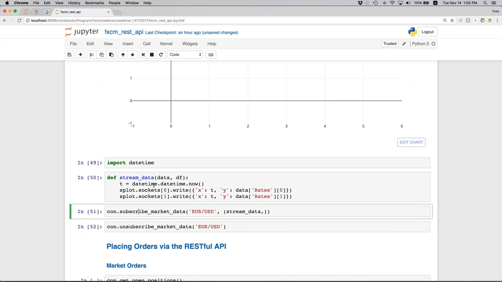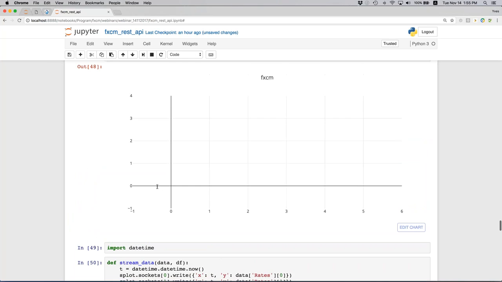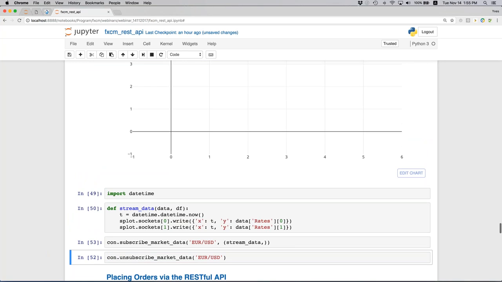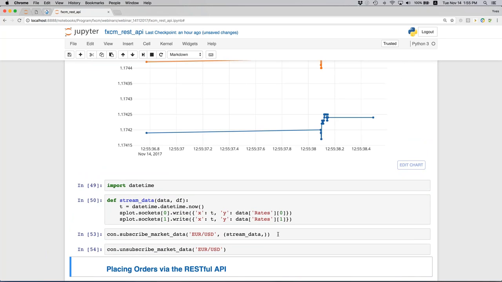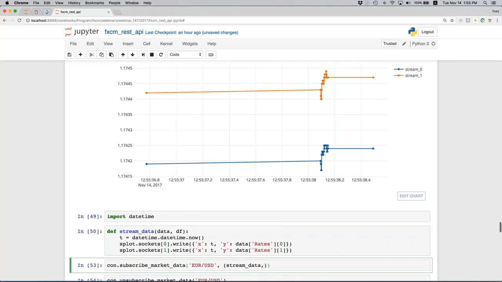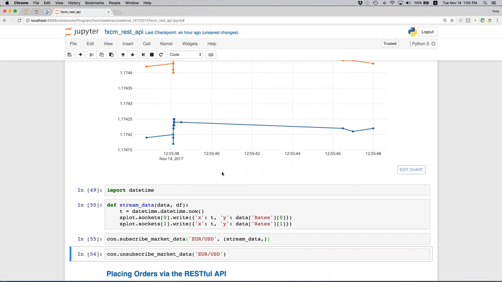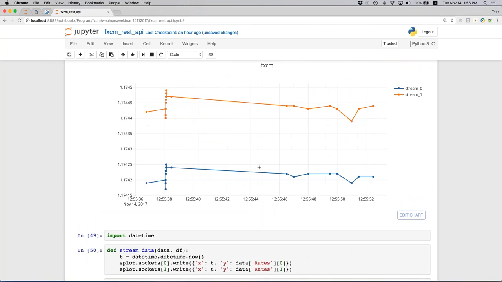Subscribe market data, stream data. This should all be running. This is of course now an ad hoc setup. Oh no, I stopped it too early. Here you see there was a little delay in the transmission of the data. So now I've started it again and we are live. This might be due to my internet connection, for example.